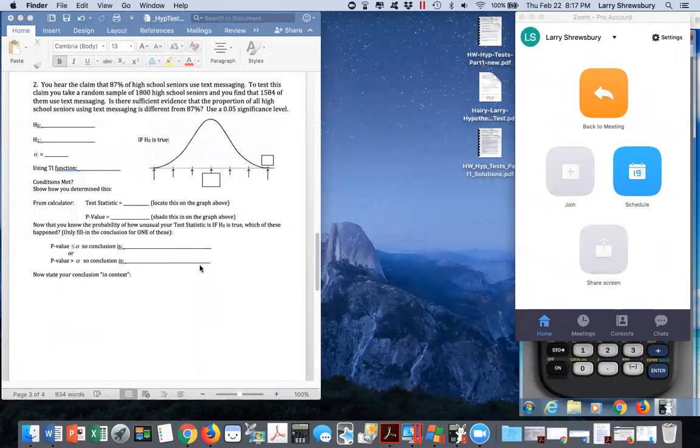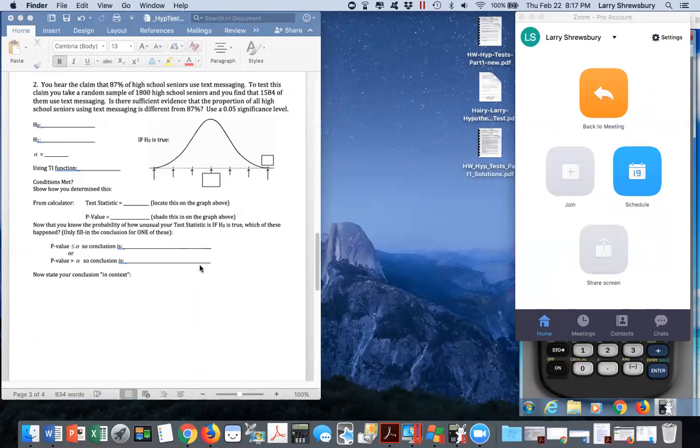To test this claim, you took a random sample of 1,800 high school seniors, and you found that 1,584 of them use text messaging. So, do we have sufficient evidence that the population proportion of all high school seniors using text messaging is different from 87%? And we're going to use a 5% significance level.